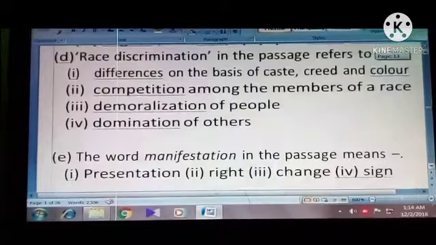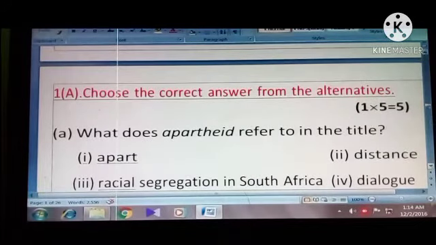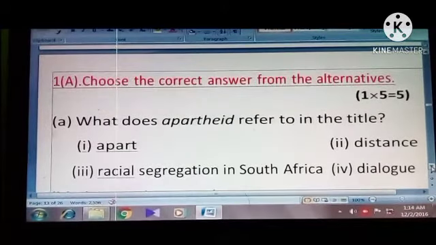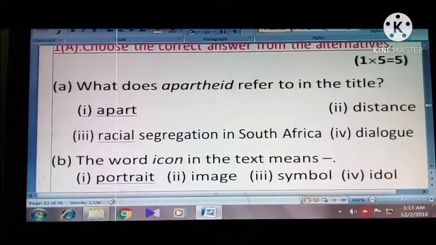In your exam you will get only 5 questions, but I have written more questions here for your practice. And if you get this question, you will get it in number 1A. Choose the correct answer from the alternatives. A. What does apartheid refer to in the title? 1.